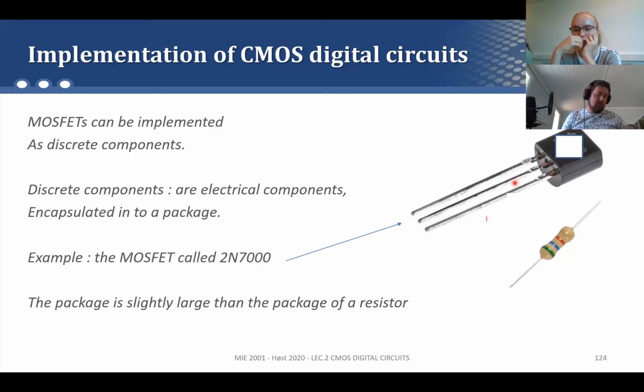So we have gate, source, and drain. This 3-pin is gate, source, and drain. The package of this transistor is slightly larger than a resistor, so it's quite small.